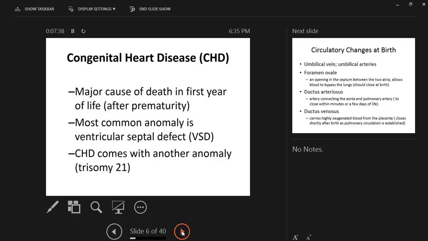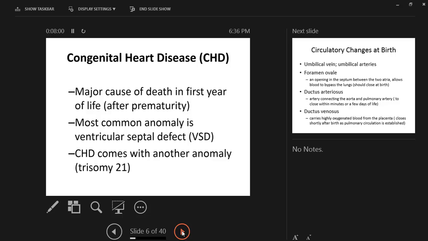Congenital heart disease can be a major cause of death within the first year of life, secondary to disease processes following prematurity. The most common anomaly is ventricular septal defect, and we're going to look at all of the different types of heart anomalies in class.